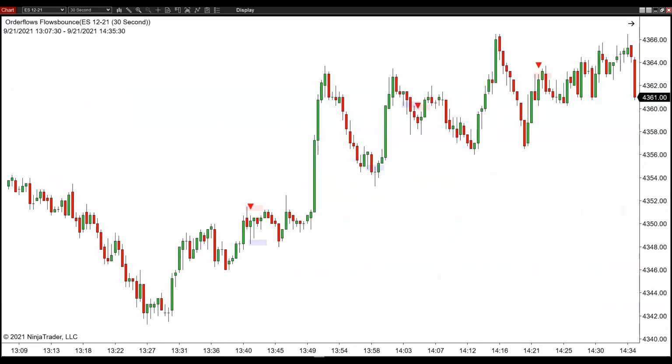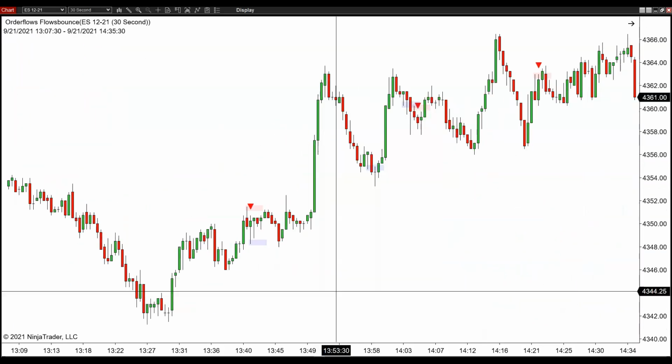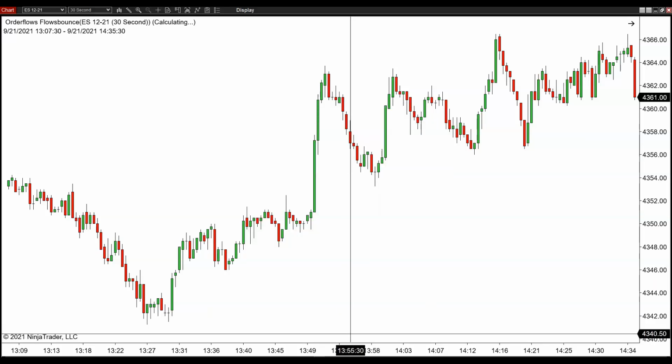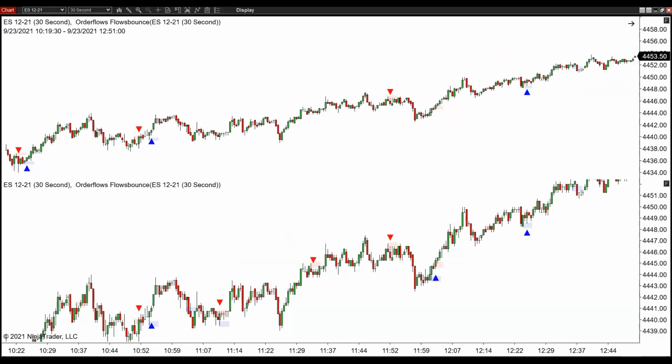What's the settings on this one, just so I can be consistent on the settings? I set it at 3, just to be consistent. What time was that? 10:50. Okay.